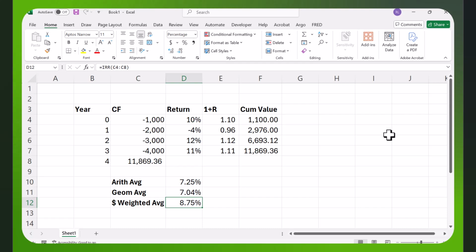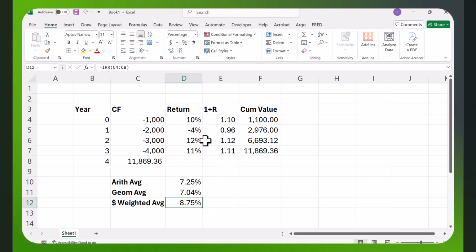Let's ask ourselves, does that really make sense? It's quite a bit higher than the arithmetic average and the geometric average. Well, think about it. Here you've put a lot more money in at 11% and more money than here at 12%. So you only have one bad year.